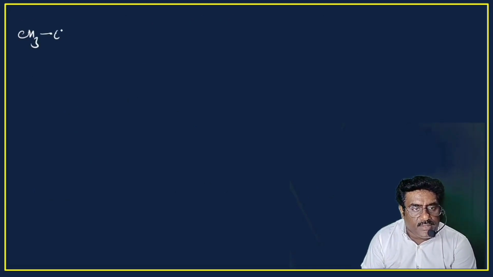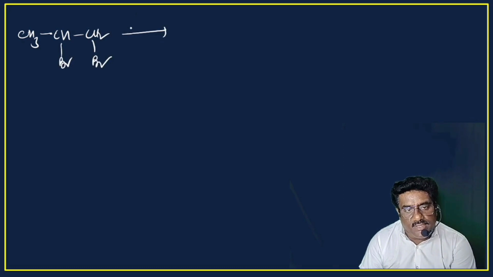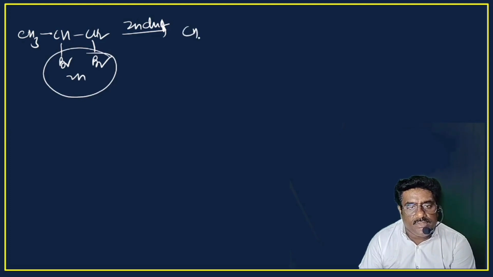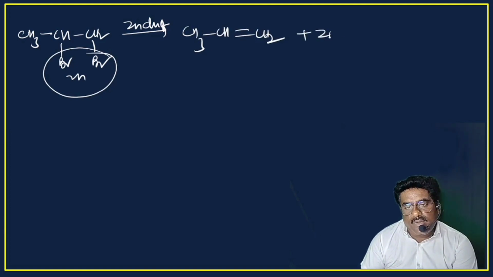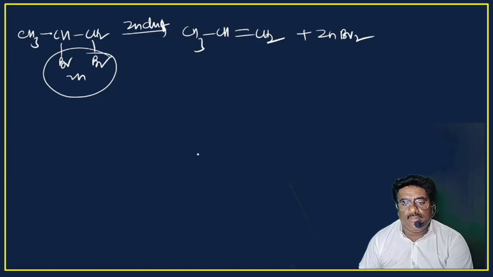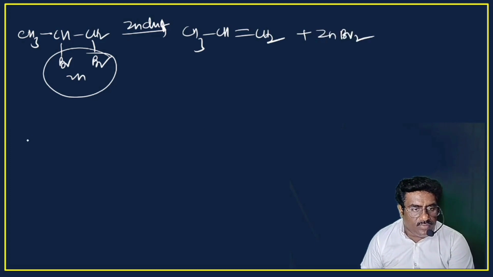Next example: CH3 CH CH2 Br in presence of zinc dust. Very simple. It gives CH3 CH double bond CH2 plus ZnBr2.